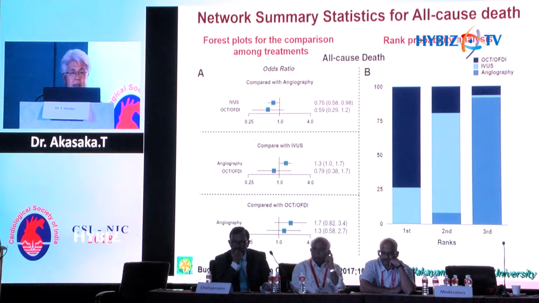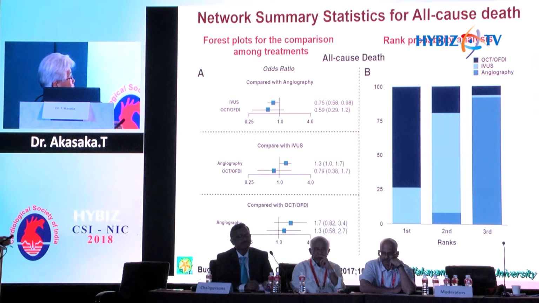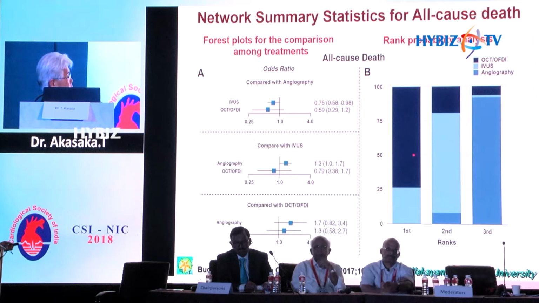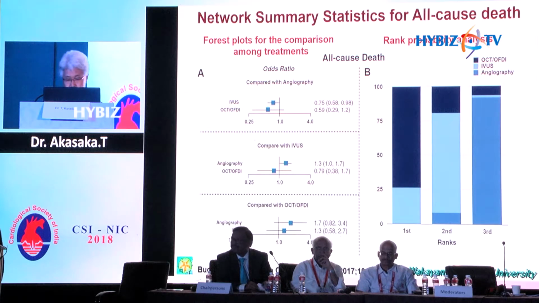And this is the network summary statistics for all-cause death. Compared with angio guide at the top left-hand side, IVUS and OCT are superior to angio. And if you do the rank probability analysis, OCT should be the best, as shown in the right-hand side, second should be IVUS, and angio is inferior to image guide.